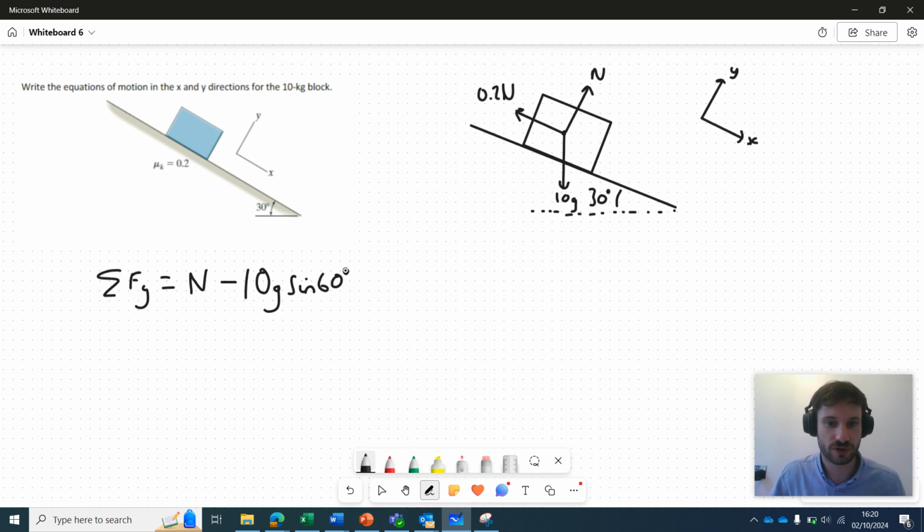If you're unsure where the 60 comes from, notice that the x direction here looks like this. We could understand a right angle triangle here. So you've got a 30-degree angle here. You've got a right angle here. So here you must have a 60-degree angle, since all the angles in a triangle add up to 180 degrees.